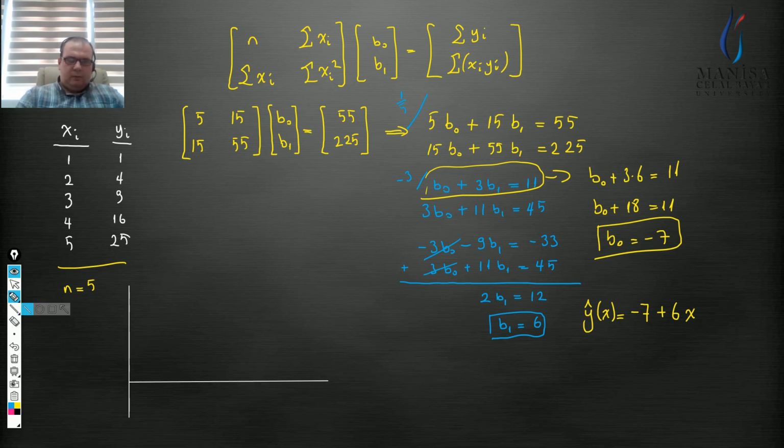Okay, we have x, we have y, and we have these 5 points for x: 1, 2, 3, 4, and 5.